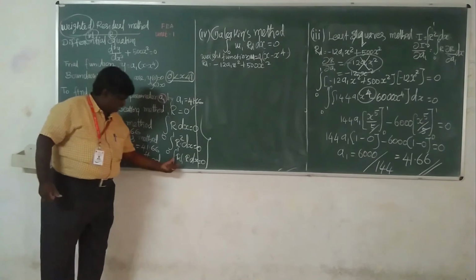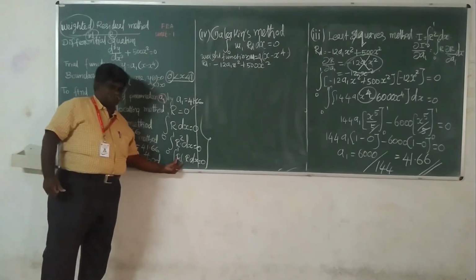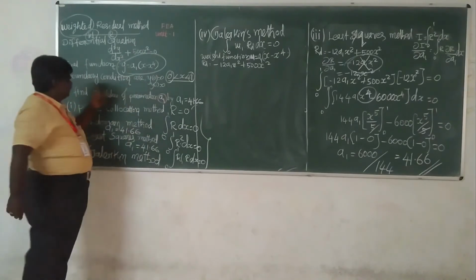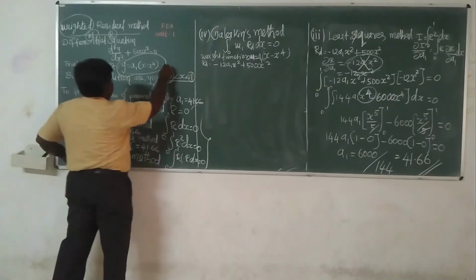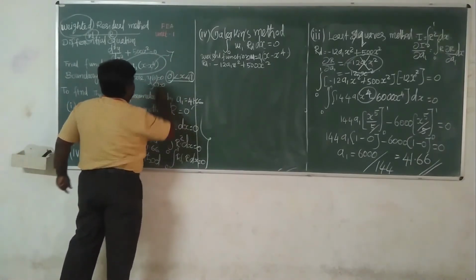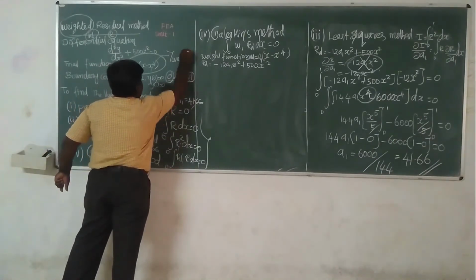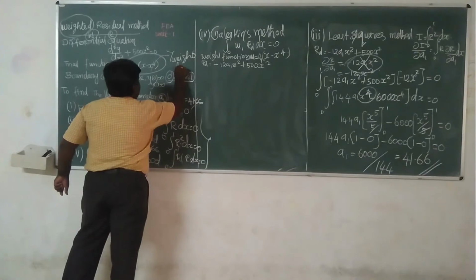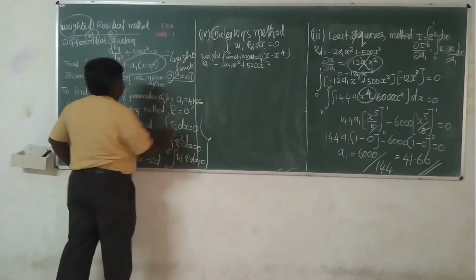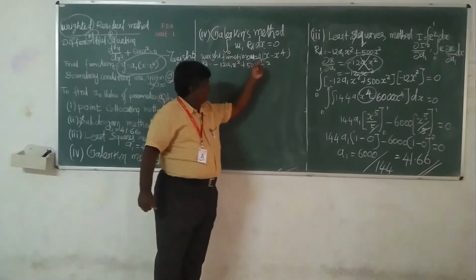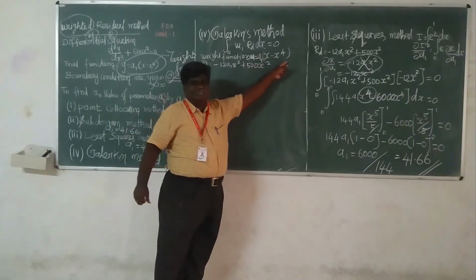In this method, the weight function is based on your trial function equation. We take this as the weight function. Separately we write the weight function w1 as a1 x minus x4.